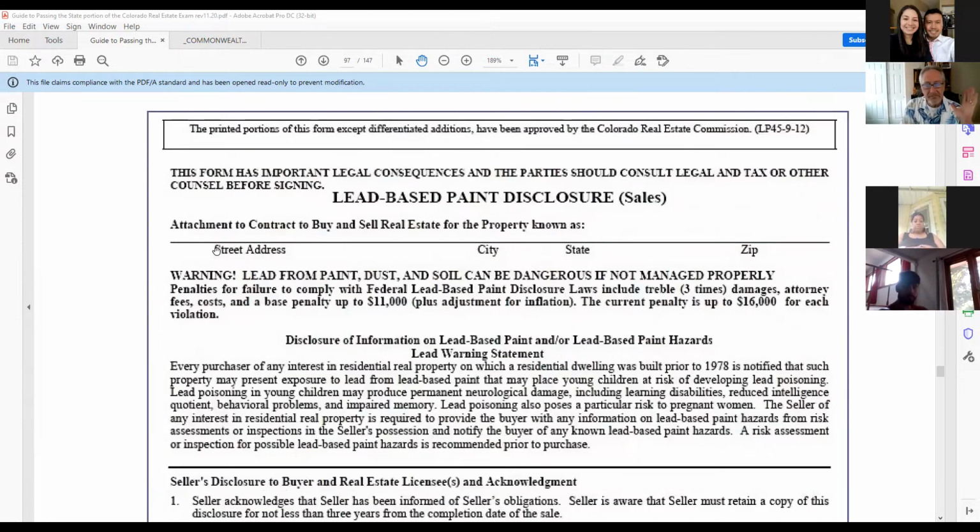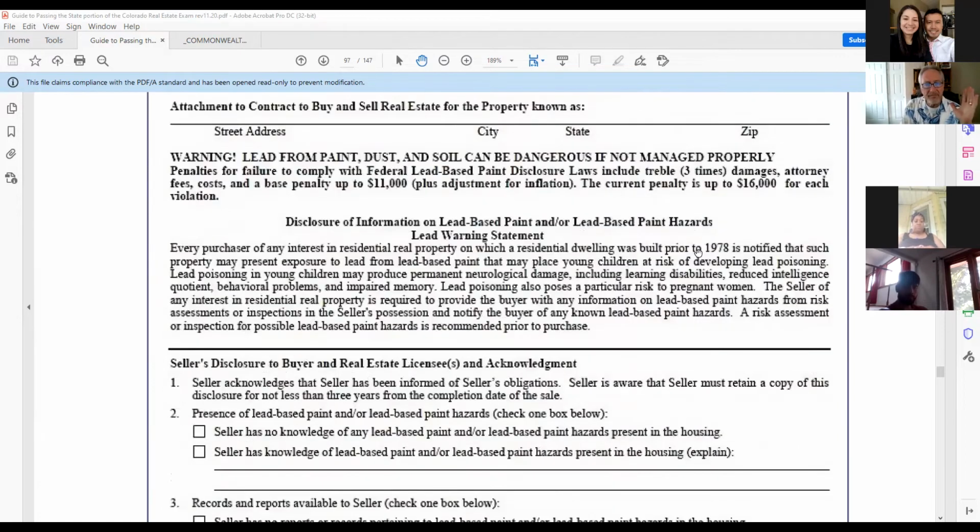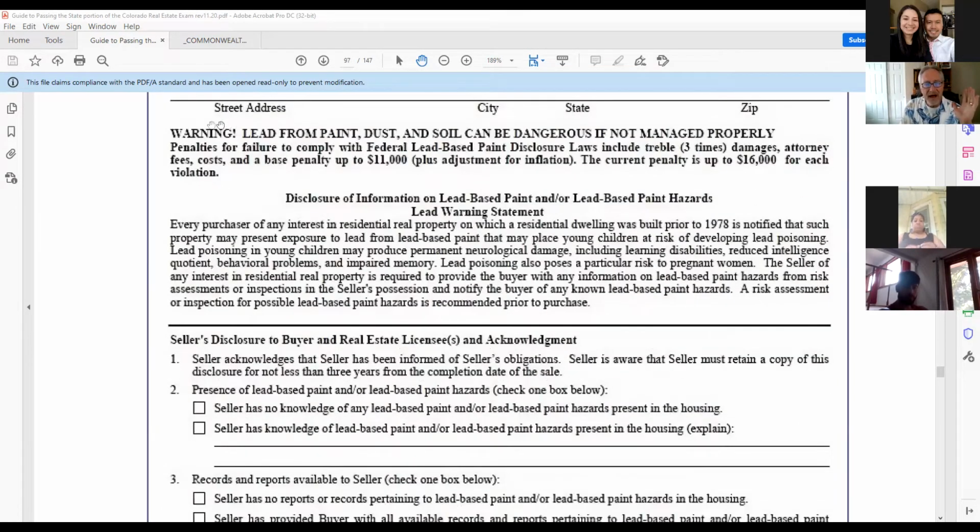So you put the address of the property in here and look at this on this form. Here's where I want you to pay attention. Here's some fines. Remember, it reminded you to be aware of any fines and penalties. They like to ask questions about that. So you know what's going to happen when you do something bad.